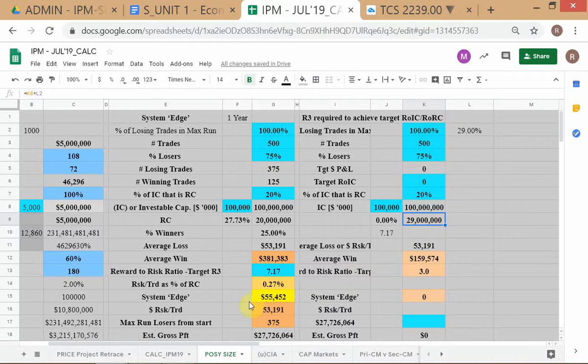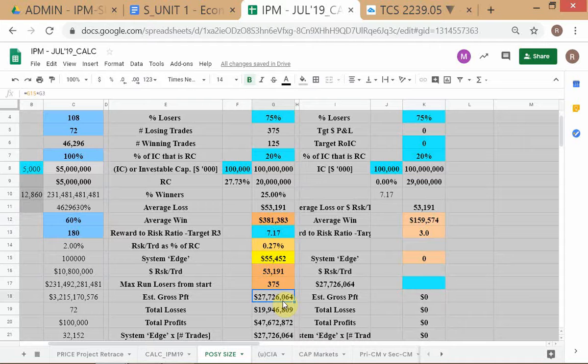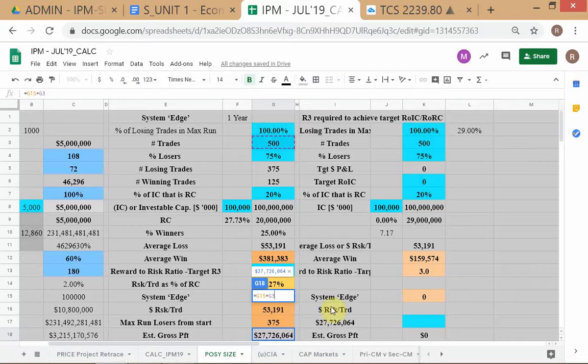We know already from here that the estimated gross profit is equal to system edge times number of trades. The gross profit, which is 29 million you have to target, is equal to system edge times number of trades, which means system edge times number of trades has to be equal to 29 million.